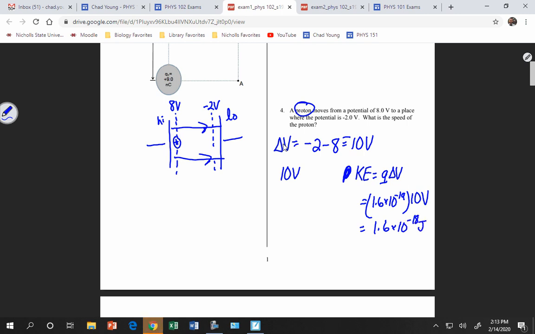Now that I know its energy, I can set that equal to 1/2 mv squared, where m is the mass of a proton. It's 1.67 times 10 to the minus 27. That's on your equation sheet.